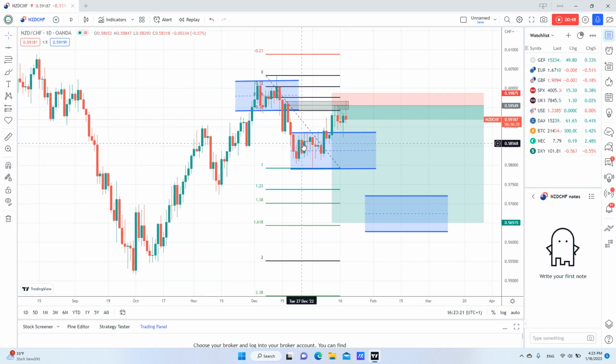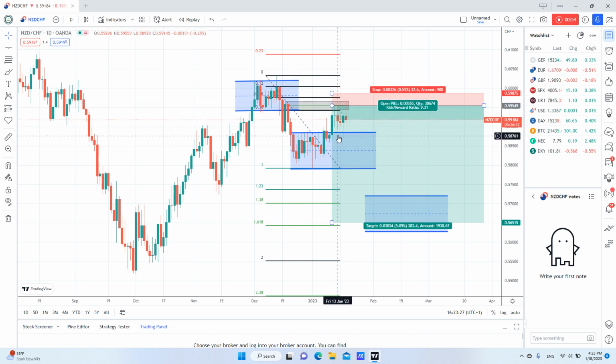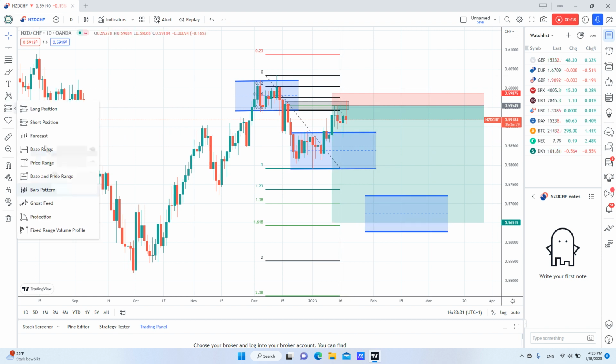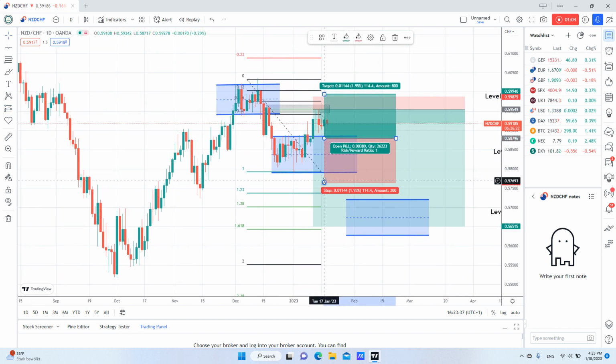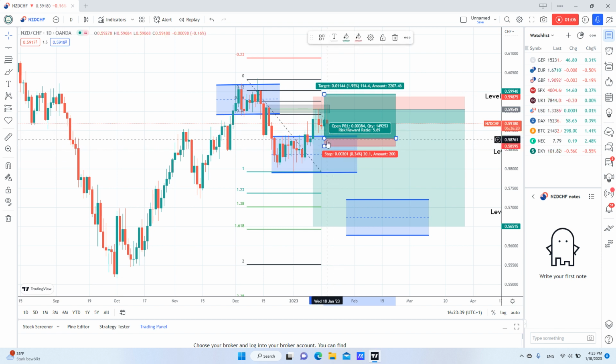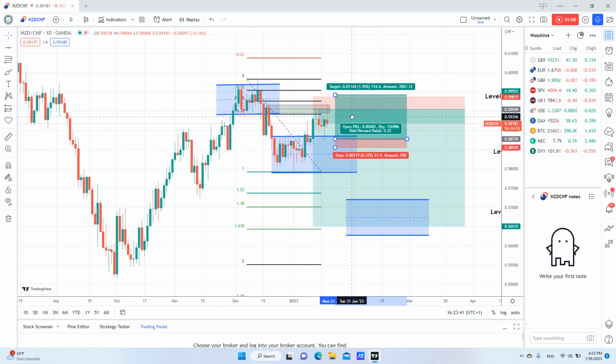Yes, this is our trade. I closed most of my trade here, and I actually opened a small buy trade here as hedging, because sometimes you don't know where the price will go.